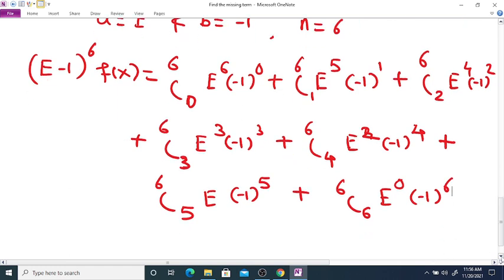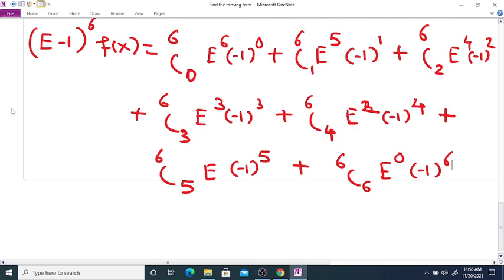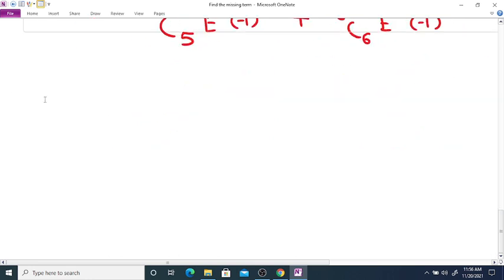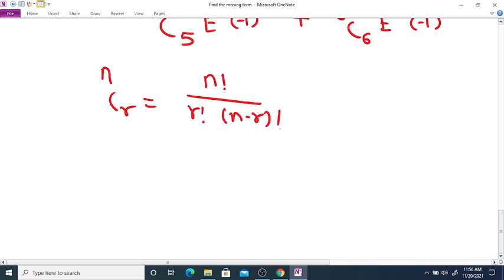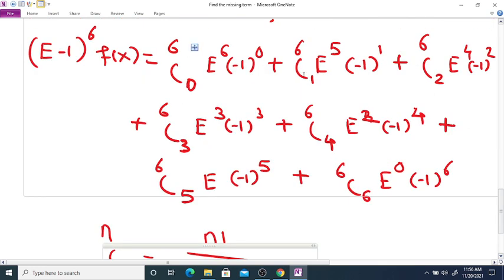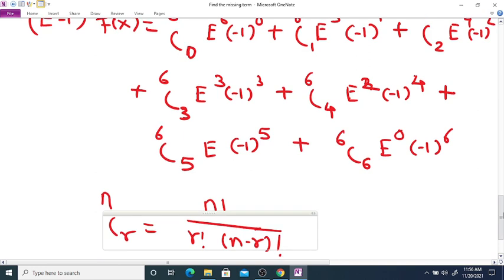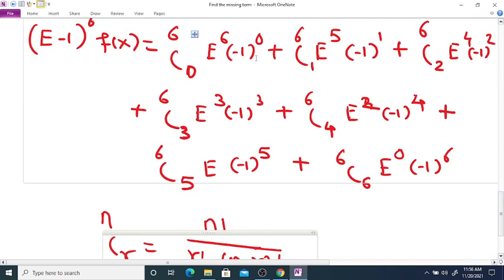Now by using a calculator you can easily find the value of 6C0. Or, we know the formula for nCr: nCr is equal to n factorial divided by r factorial times (n − r) factorial. By using this you can easily obtain the values of 6C0, 6C1 and so on. So we know that 6C0 is 1 and (−1)^0 is 1.